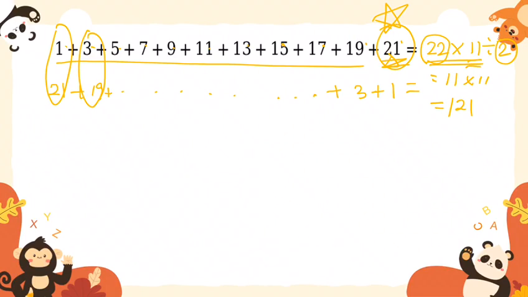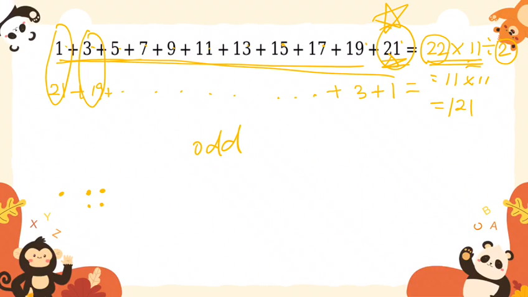And let me introduce a new way for you. Because they are all odd numbers, right? If I use geometry to help you understand this one, I will show you like this. 1 is 1 point. And this 3 is 1 point, plus 1, 1, and 1.